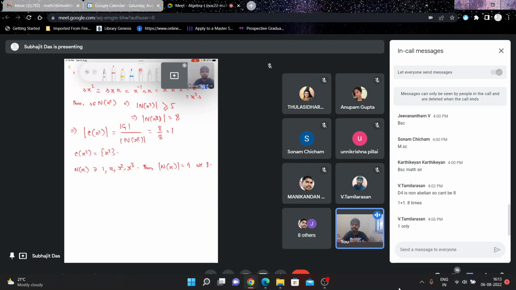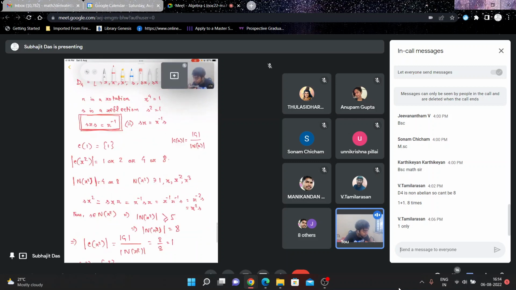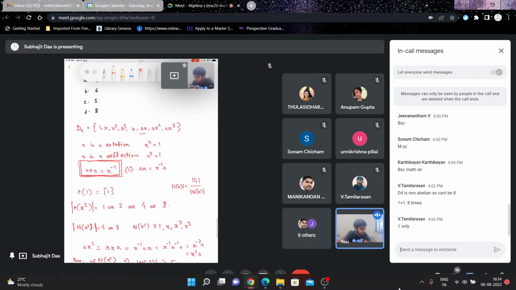So if we can find one more element other than these 4 which is in the normalizer, then we know that its order has to be 8. And if we can find one element other than these 4 which is not in the normalizer, then that means that the normalizer cannot have order 8. It will have order exactly 4, right? So let's just see what is SR. SR is an element in your dihedral group, right?